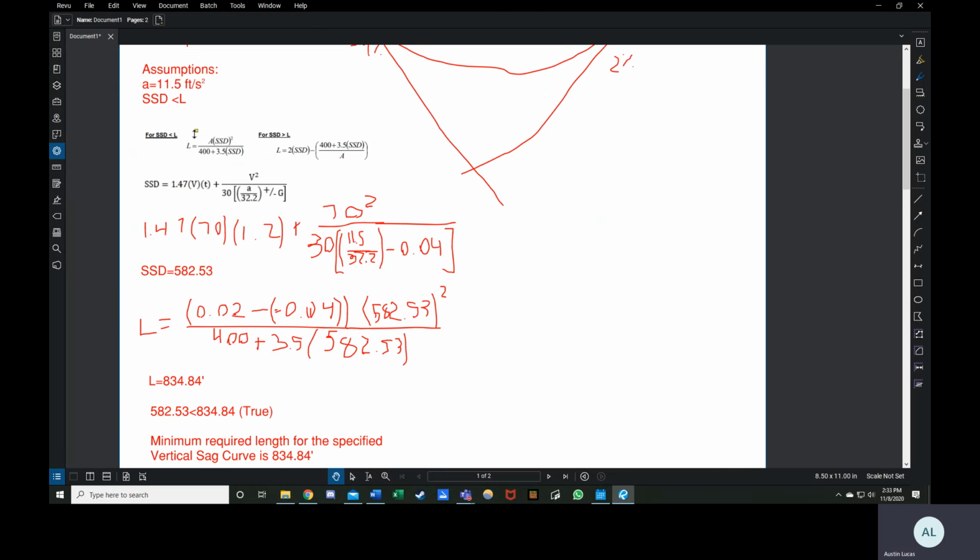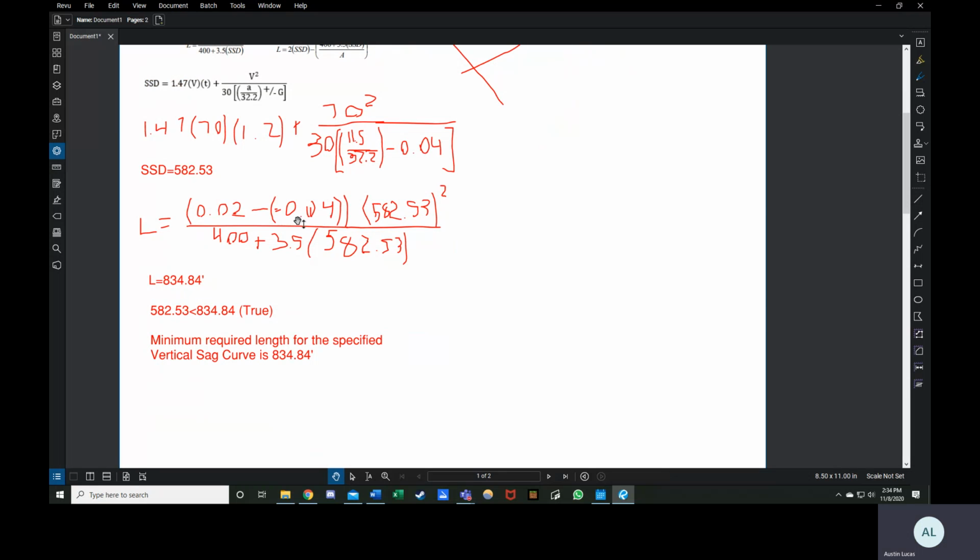So we can take that and plug it into our SSD is less than L equation, where A is G2 minus G1. So that is our 2% subtracted by our -4%, and once again, they're still in decimals. And then we multiply that by our SSD squared. Then it's all over 400 plus 3.5 times our SSD.